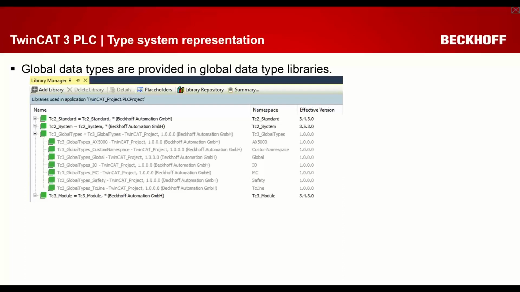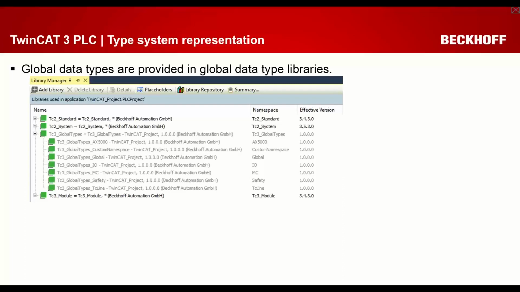These are the grayed out libraries you can see here in the screenshot. So there is one major library, TC3 global types, which sum up quite a number of different libraries which we are auto-generating. And those libraries have different namespaces. And this is one of the reasons why we have changed it.